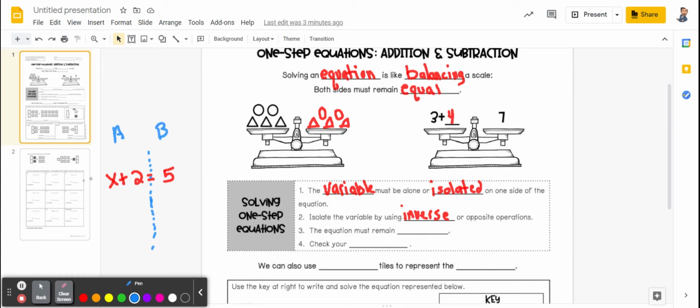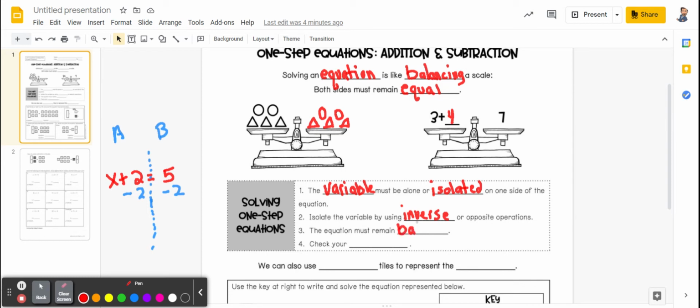So we have to get the x, the variable, alone. So what's the inverse operation of this right here? We have a plus 2, so the inverse or opposite would be minus 2. Okay, and just like the scale, what we do to one side, we have to do to the other to keep it balanced. Okay, all right, and then step 3, the equation must remain balanced.